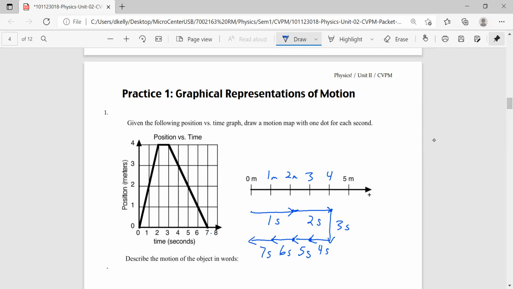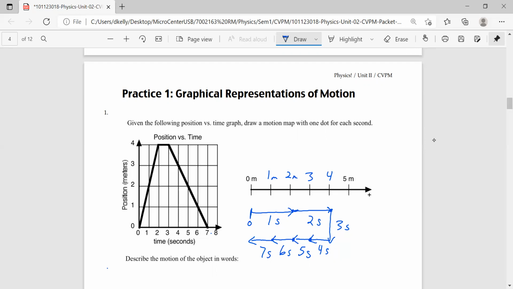So we've spanned the entire time here, 0 to 7 seconds. That's 0, 1, 2, 3, 4, 5, 6, 7. So that's basically a motion map. It's just another way of showing motion, just like we do here in the position time graph that we graphed from our data table of position versus time.